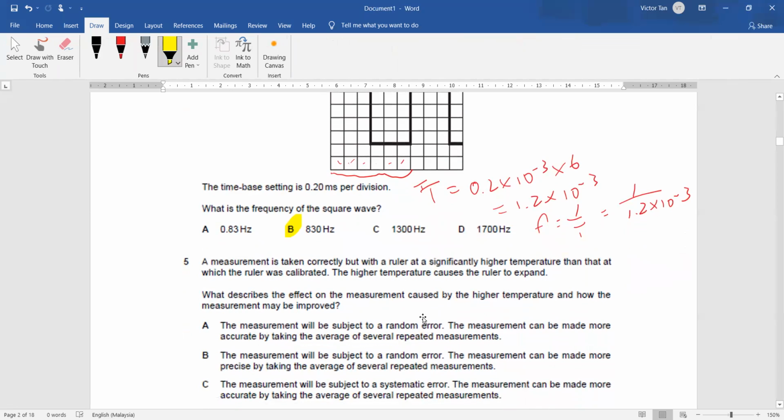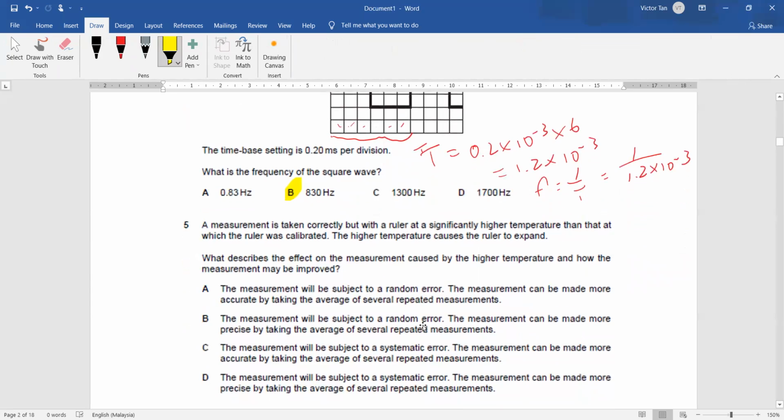A measurement is taken correctly, but with a ruler at a significantly higher temperature than that at which the ruler was calibrated. The higher temperature caused the ruler to expand. What describes the effect on measurement caused by the higher temperature and how the measurement may be improved?